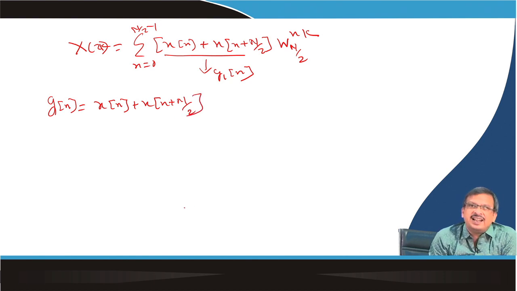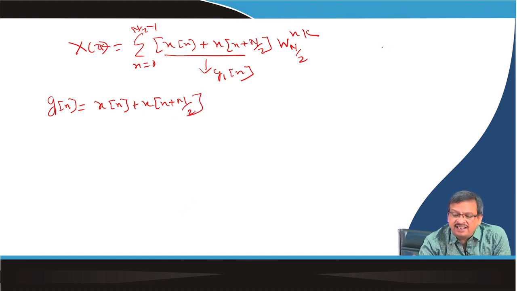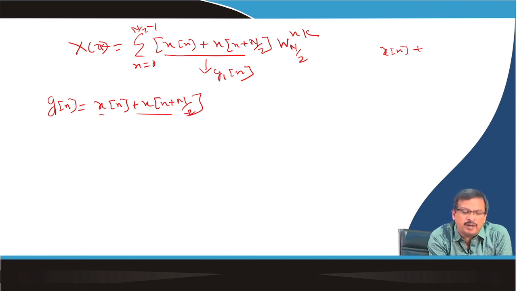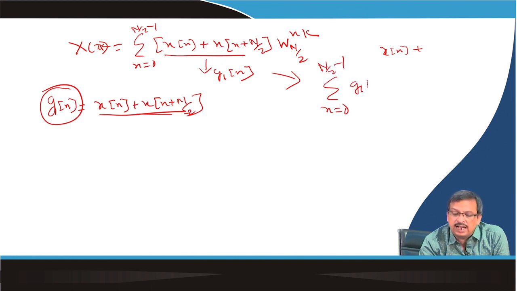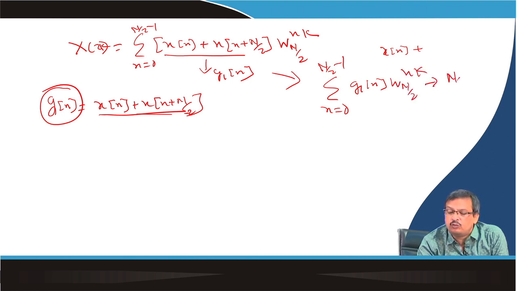So, I am creating a signal sequence by accessing the signals x(n) and x(n plus N/2). These two signals combined together create my g1(n), and then I can say the sum over n equal to 0 to N/2 minus 1 of g1(n) W_(N/2)^(nk). So, it is nothing but an N/2 point discrete Fourier transform.